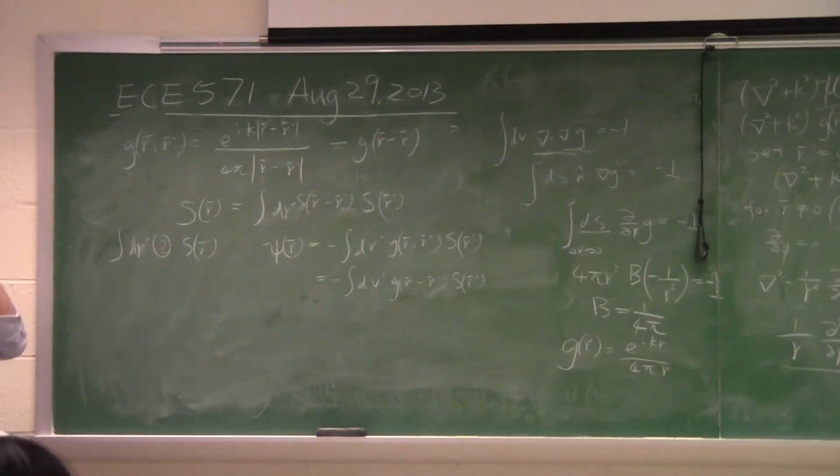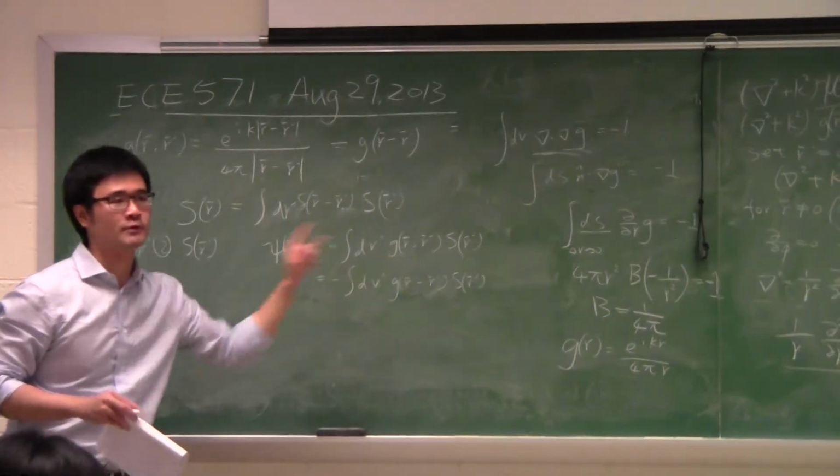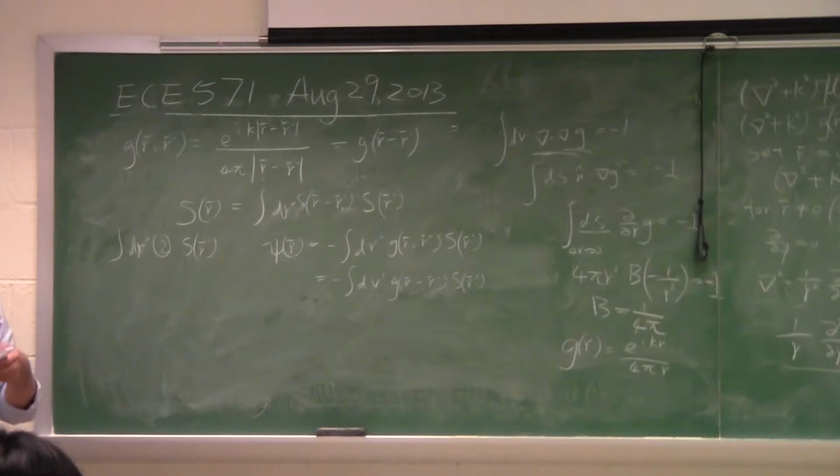So to get the output of the source, we just need to convolve this source with the system function, which is the Green's function, now for our free space scalar case.